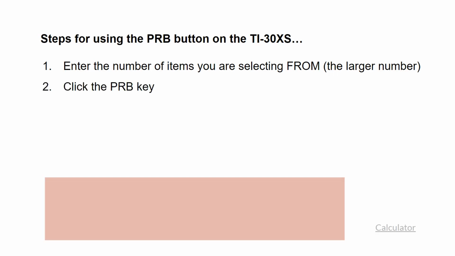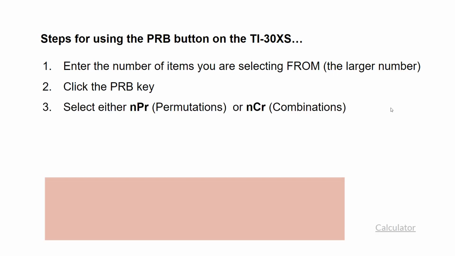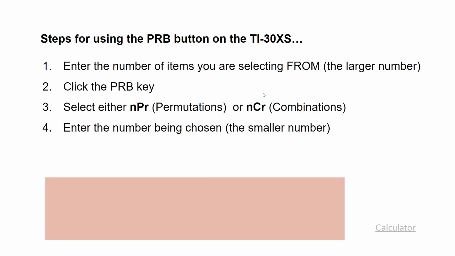Next, you click the PRB key. You're going to get a menu, and that's going to allow you to select either NPR or NCR. The P stands for permutations. The C stands for combinations. Then you enter the number being chosen, the smaller number, and you click the Enter key.